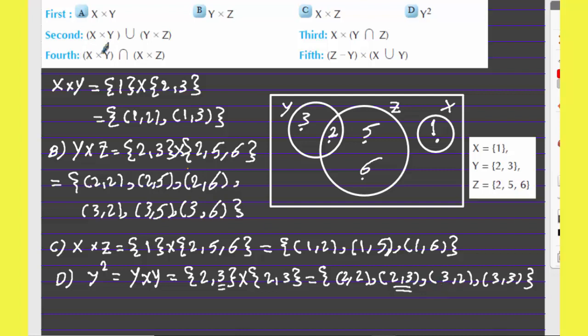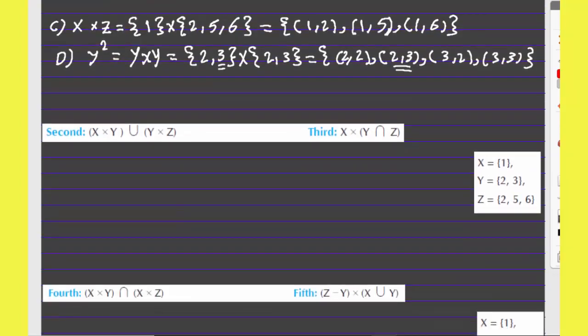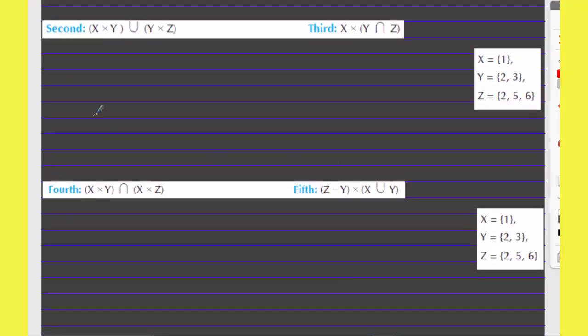Second, we want to calculate x multiply y union y multiply z. Here, first, we calculate x Cartesian product y, which we calculated before: (1, 2), (1, 3).